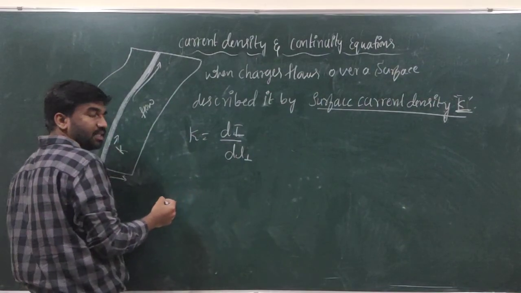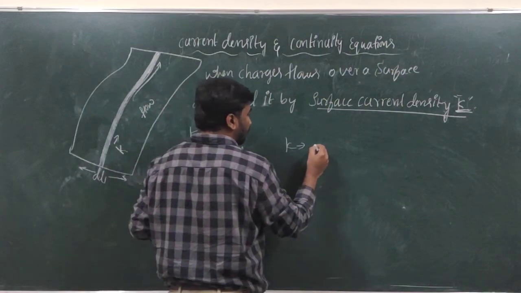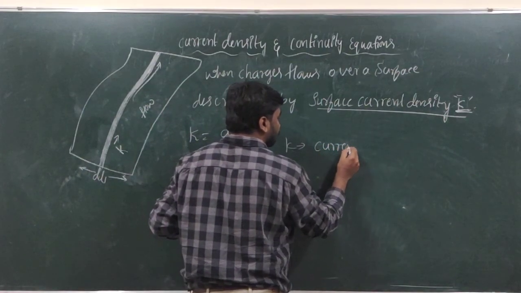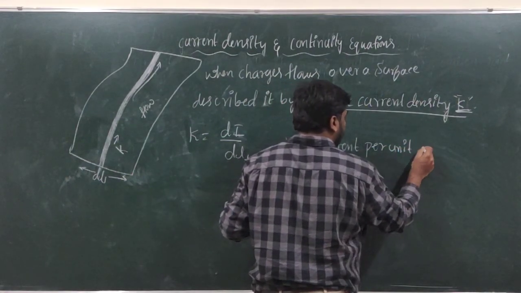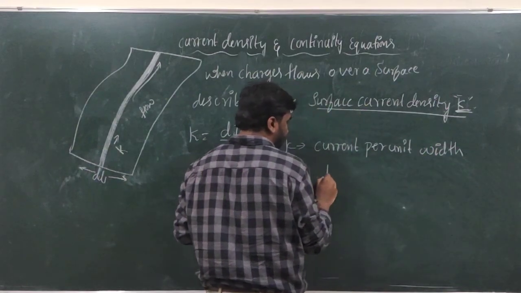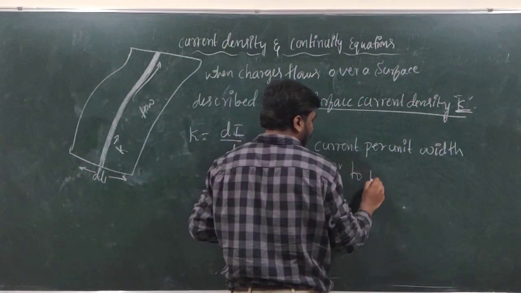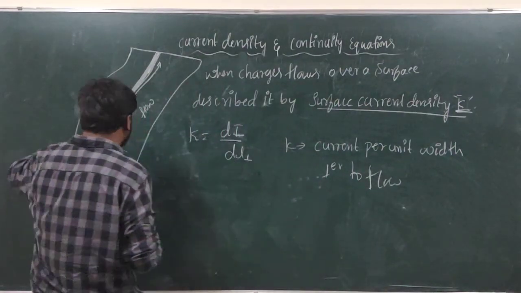Here K is the current per unit width perpendicular to the flow. This unit width is perpendicular to the flow of current.